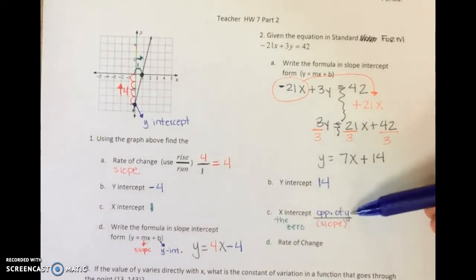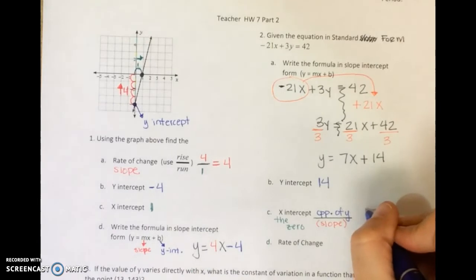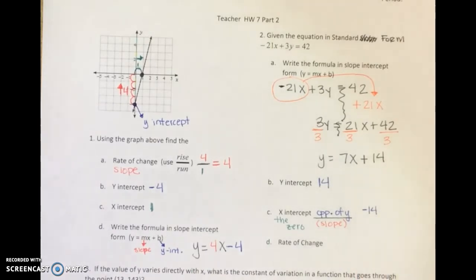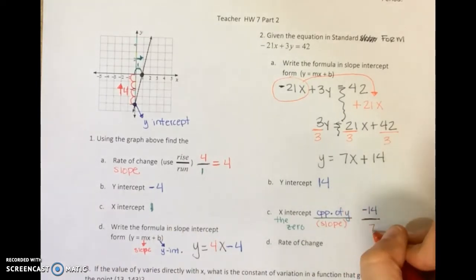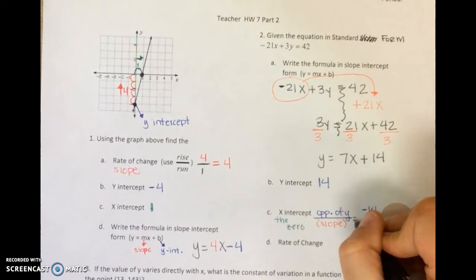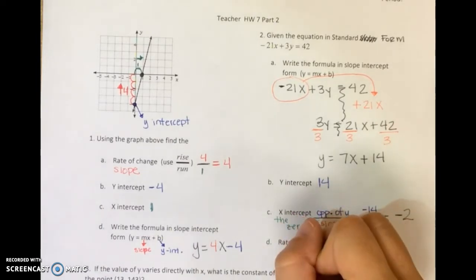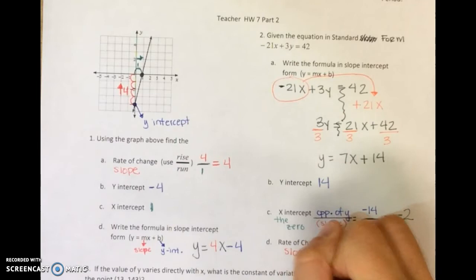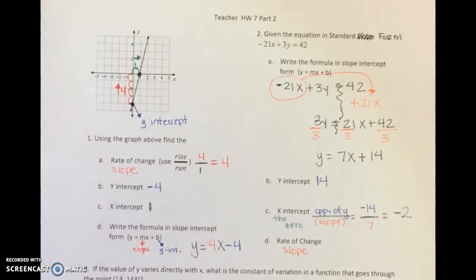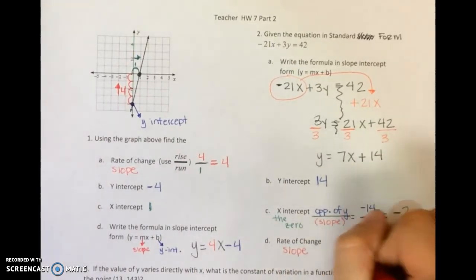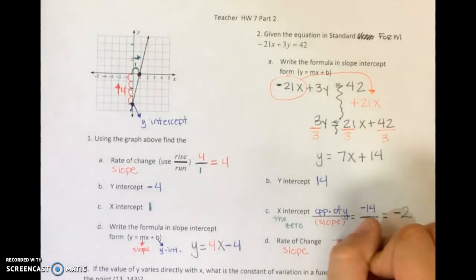So the opposite of 14 is negative 14, divided by my slope, which is 7. So I end up getting that the x-intercept is negative 2. The rate of change is the same thing as asking you for slope. So the rate of change in this problem is 7 because it's the one that's next to the x.